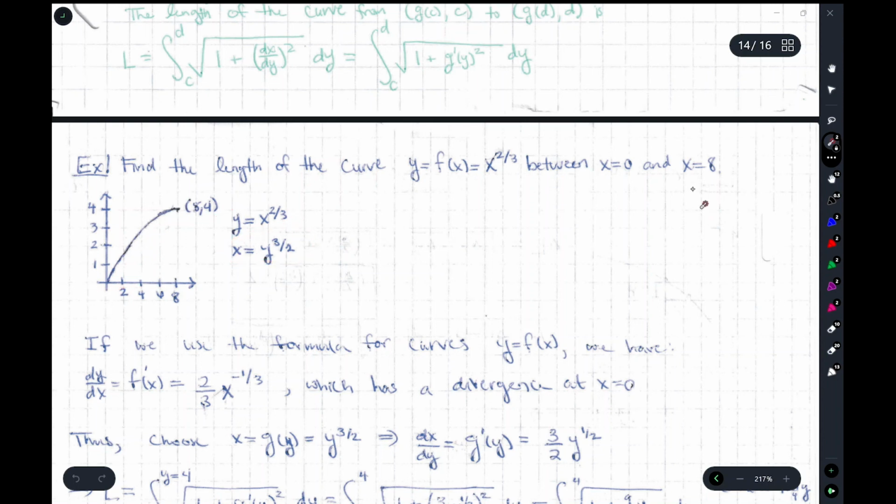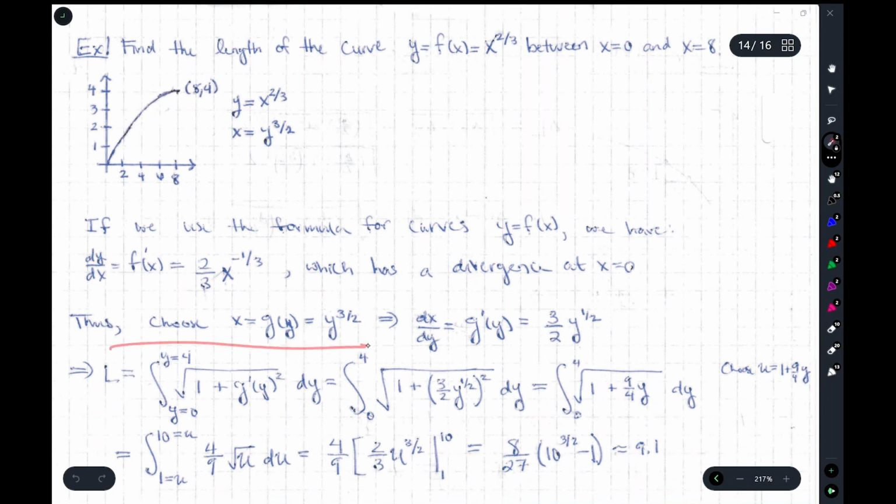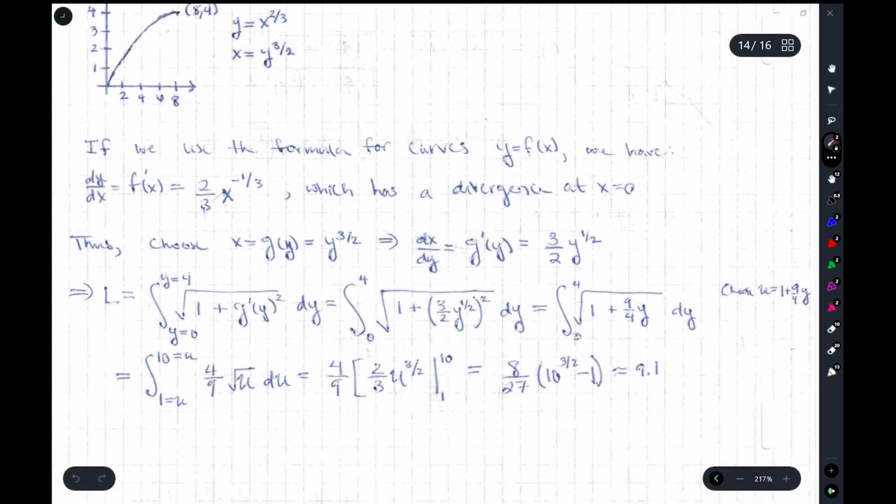Instead of 0 to 8, we'll have y equals 0 to y equals 4. And so here is our function of y. We take the derivative of x with respect to y, and we get that right there. And we're not going to have any issues on the interval y equals 0 to y equals 4.